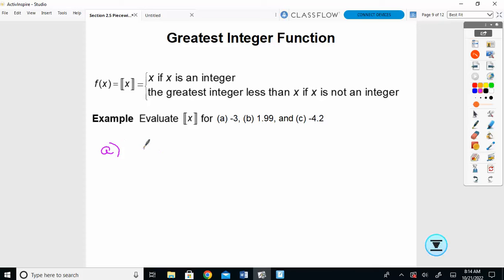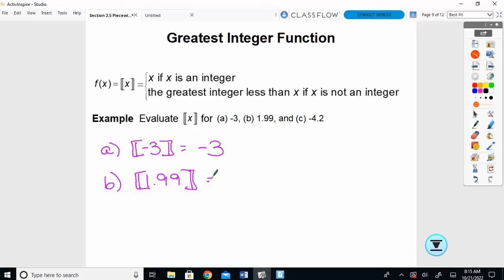So I just want to practice evaluating a few things. If I said the greatest integer of -3, if you put in an integer, that is what you get out. So I just get out -3. If I said the greatest integer of 1.99, you get out 1.